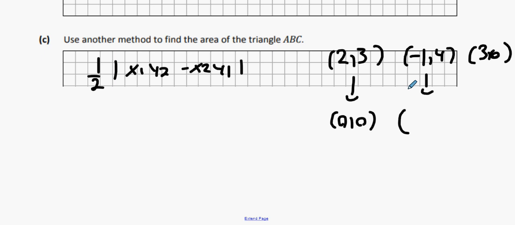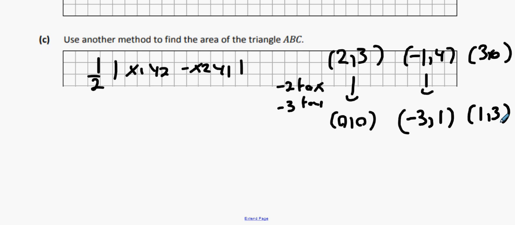Just use the formula. Take 2 away from x, and what's it to y? So what's the next point then, Dermot? And the other one? Okay, so it's a half.